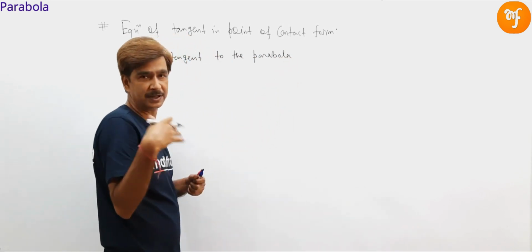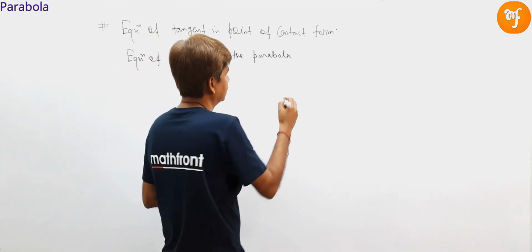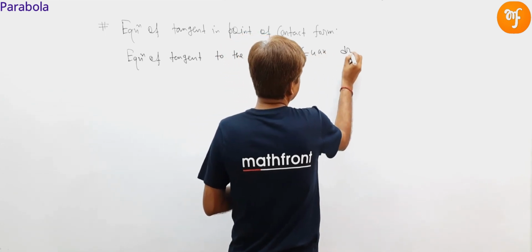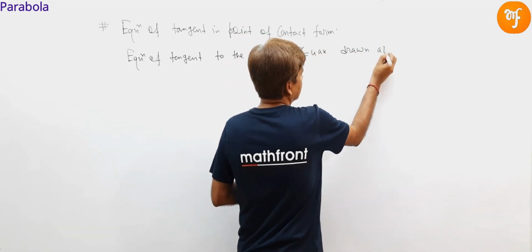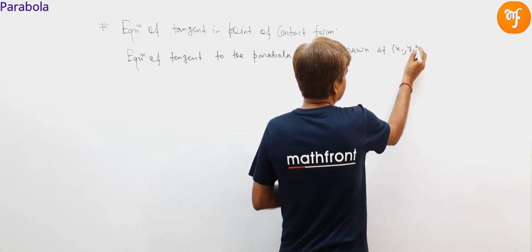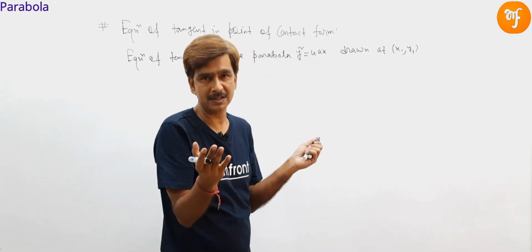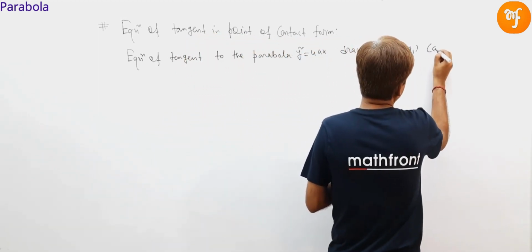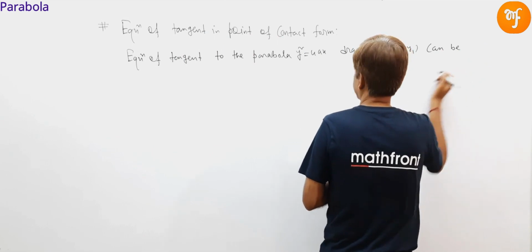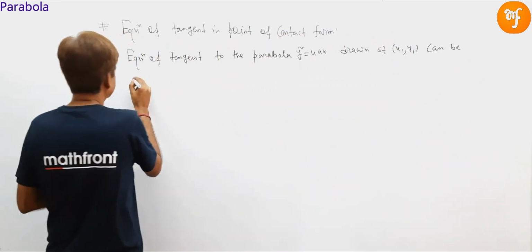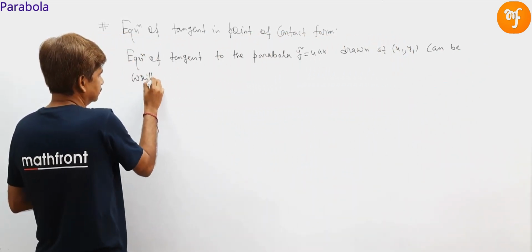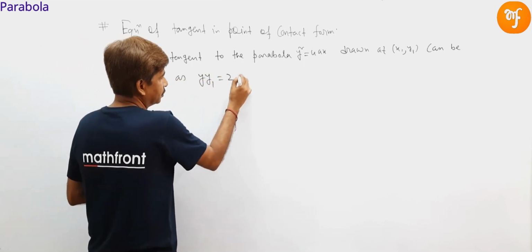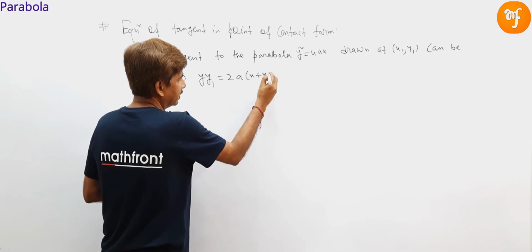The parabola is y square is equal to 4x we are considering. So parabola y square is equal to 4x drawn at x1 comma y1. That is, the x1 comma y1 point is the point of contact. Drawn at x1 comma y1 can be written as y into y1 is equal to 2a into x plus x1.